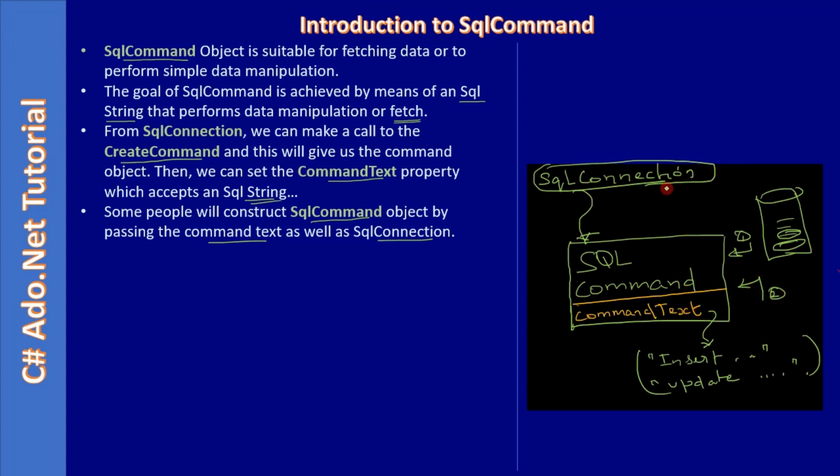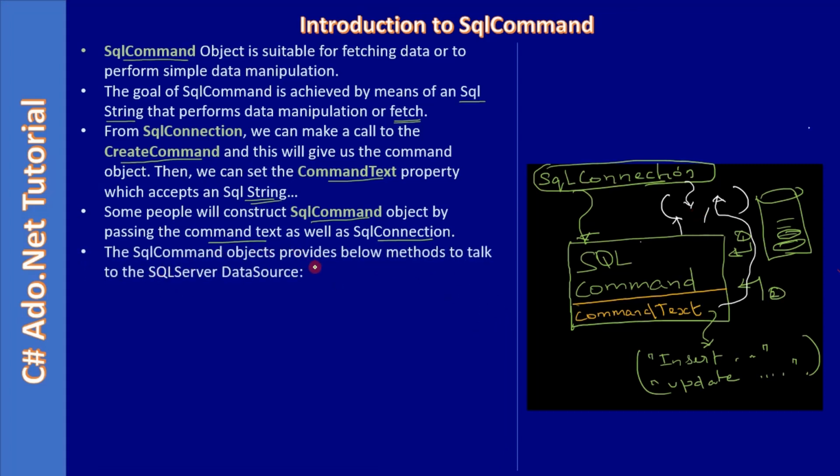One way is to first construct the SqlConnection, then retrieve the SqlCommand using CreateCommand, then set the CommandText property. Or construct the SqlCommand and send both pieces of information as part of the constructor. That way also you can construct the SqlCommand.